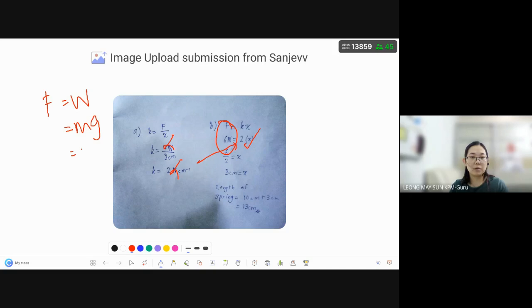So it's supposed to be 0.4 times 9.81, not times 10. Please, please remember, G is supposed to be 9.81. So Sanjeev, your working is also the same as Ayu's. I only can give you the substitution, but the rest of it will be wrong. SPM is like that.